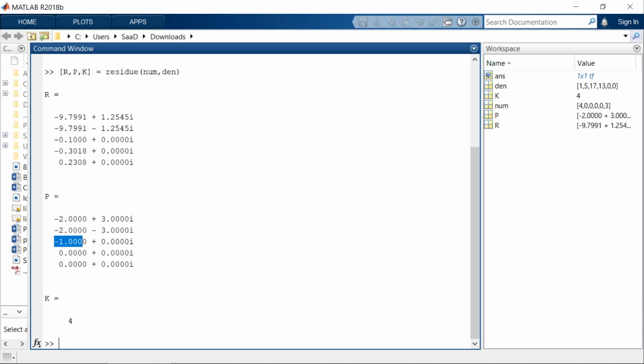The pole at -1 has residue -0.1, and the repeated poles at the origin have respective residues of -0.3 and 0.23. So that's how we can do partial fraction expansion for any rational function very easily in MATLAB using the command residue.